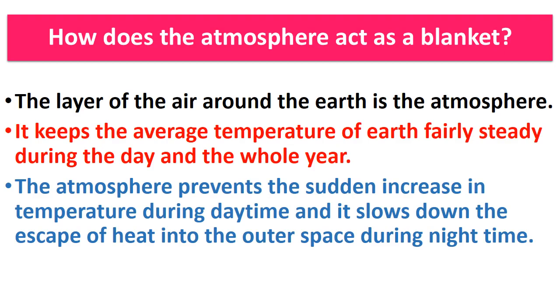It keeps the average temperature of the earth fairly steady during the day and the whole year. And how? This atmosphere prevents the sudden increase in temperature during the daytime, and it slows down the escape of heat into the outer space during nighttime. In this way, the atmosphere acts as a blanket.